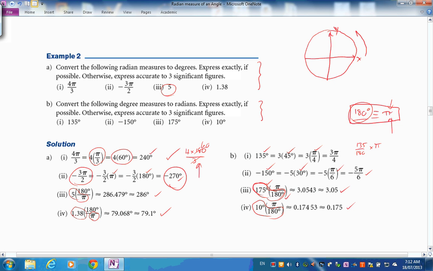Well, we think of going positive angles that way around the unit circle, and negative going that way. So neg 270 would be, that's neg 180, and around there would be neg 270 degrees.